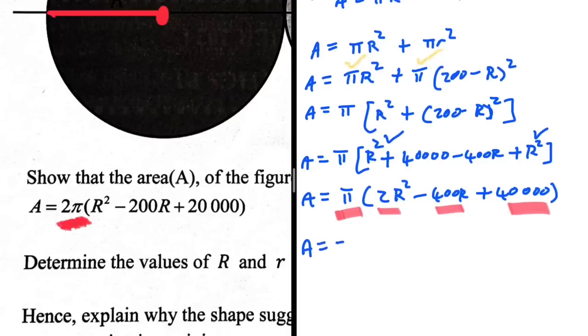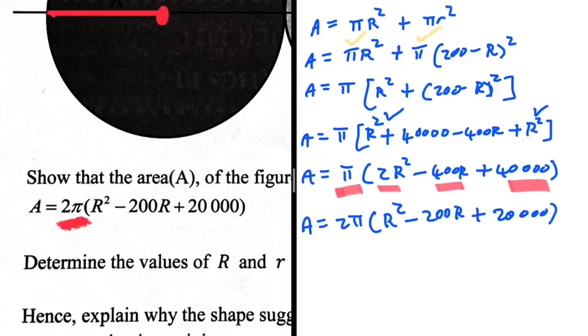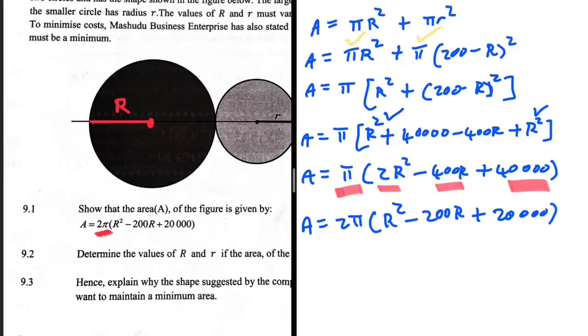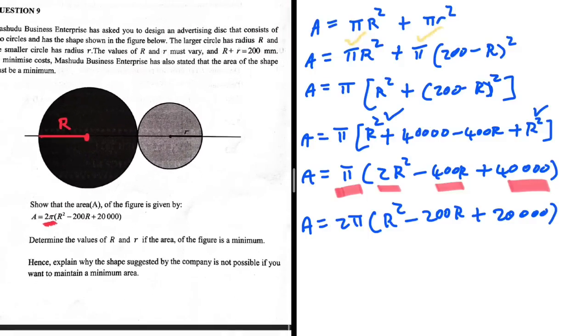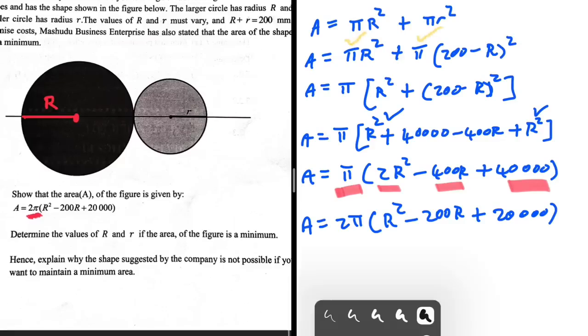If we do that, we get the area equal to 2 pi. We pull 2 out, and we're left with R squared, minus 200R, and plus 20,000. And this is exactly what we're supposed to show. So here we go. 9.1 done, let's take a look at 9.2.